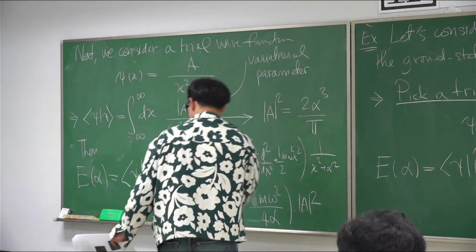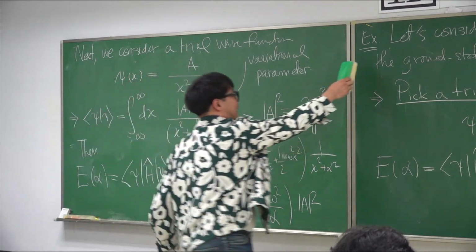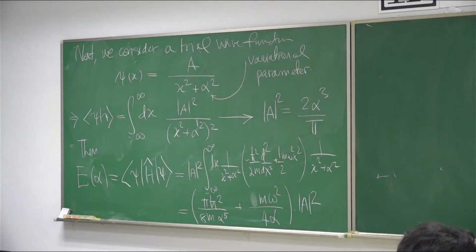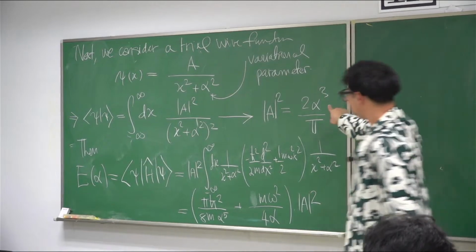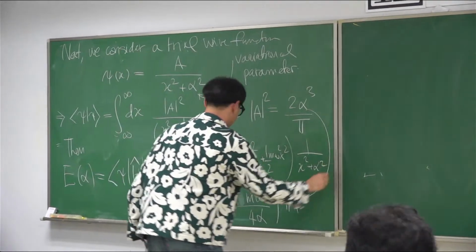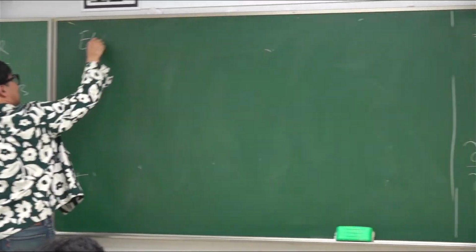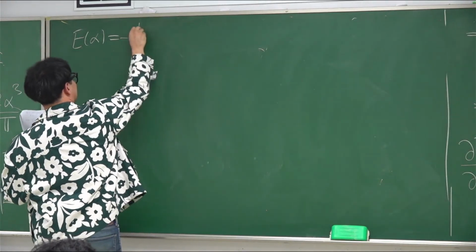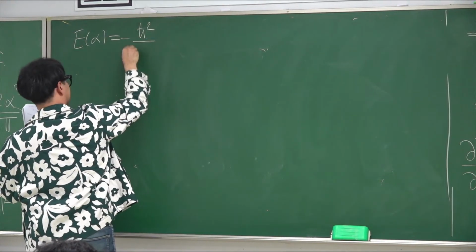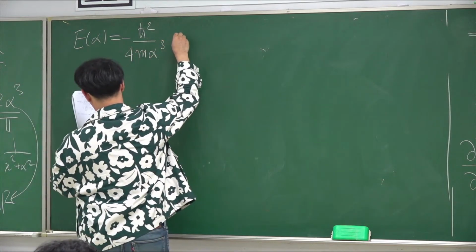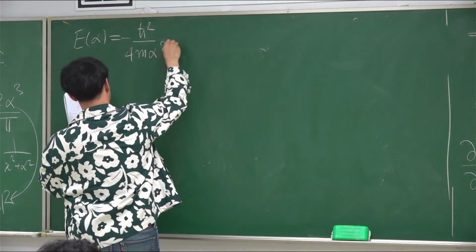You could simplify this equation further by using this absolute square of the A, right? You put this, so you will get what you get is that... no, it's square.